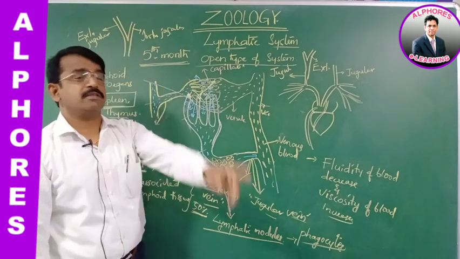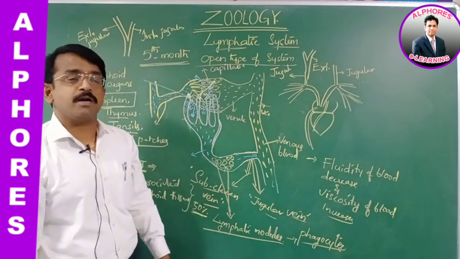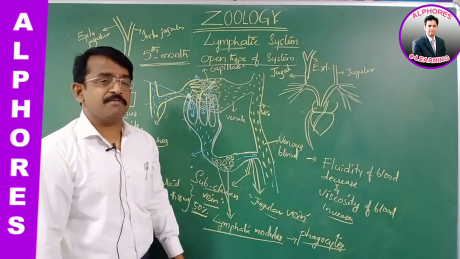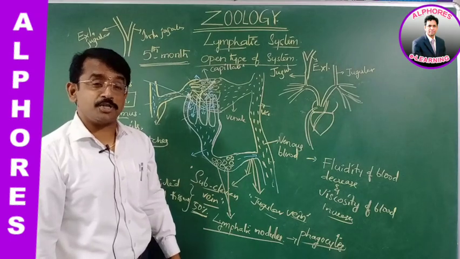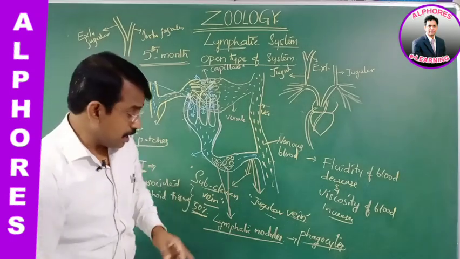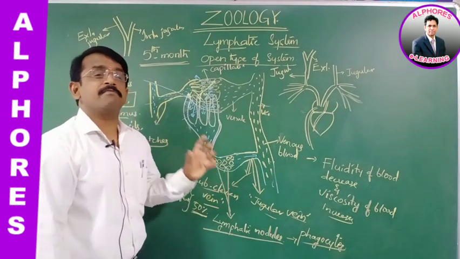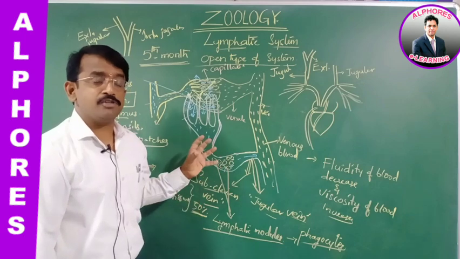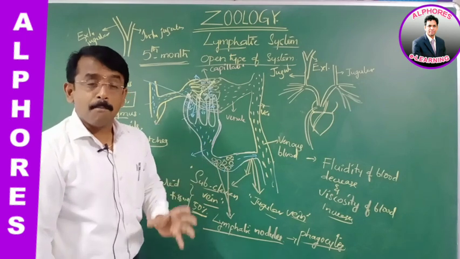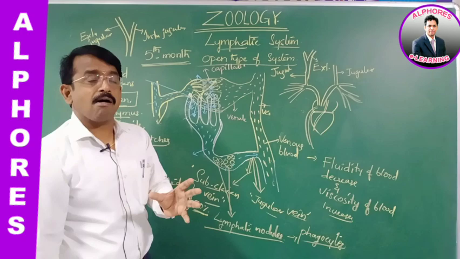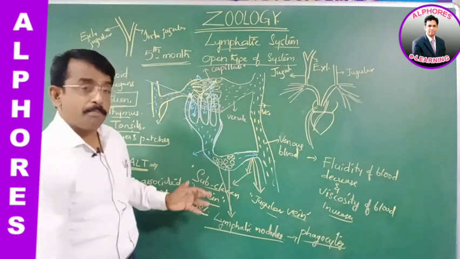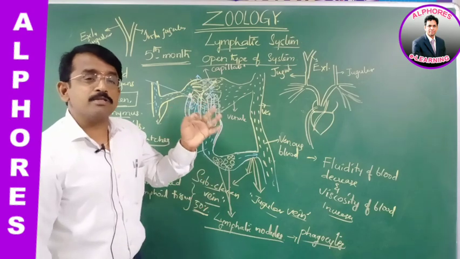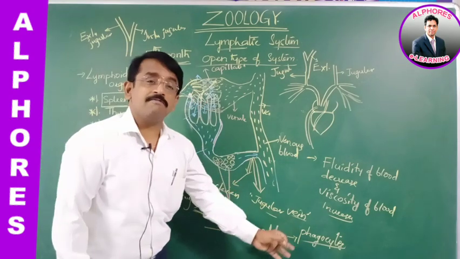Recall the digestive system, under the digestive tract, we discussed that the ileum has the characteristic feature of Peyer's patches. Those are nothing but nodules of lymphatic tissue arranged all along the length of the ileum, but in bunches, called Peyer's patches, which produce the lymphocytes.